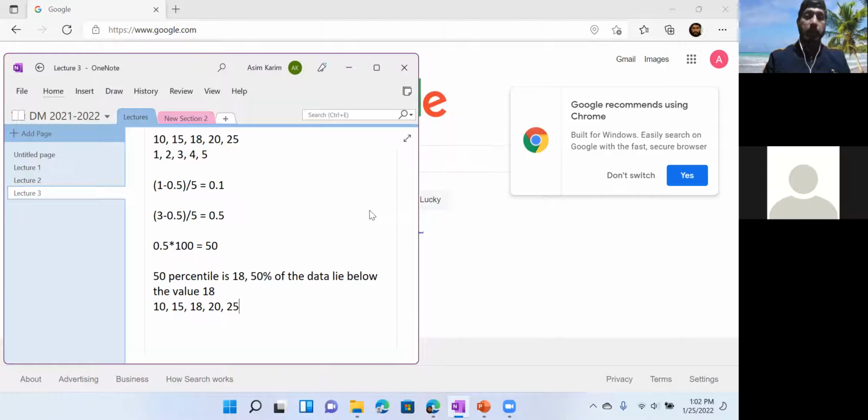We rank our data set's values, the values of a particular attribute. Let's say these are ages, for example. So we rank them, and based on the rank, 18 is rank number 3. Rank number 3 is the 50th percentile, or the quantile is 0.5. And so that's where we got 18 from.